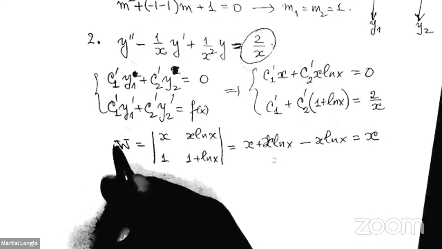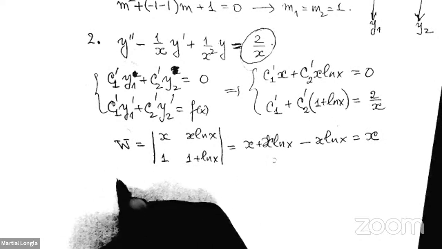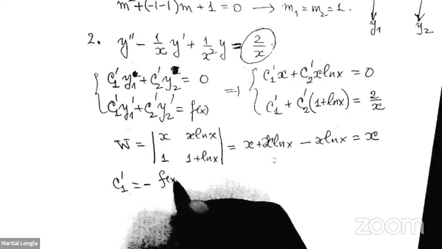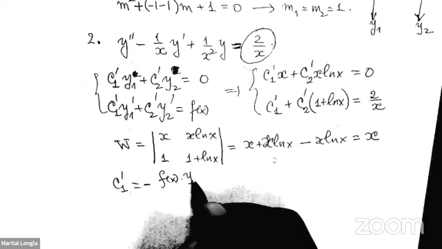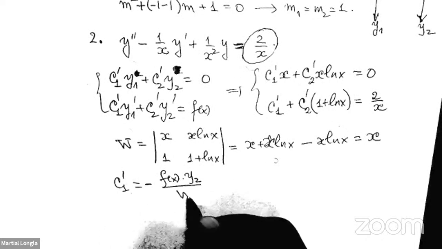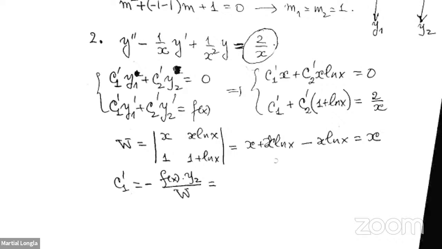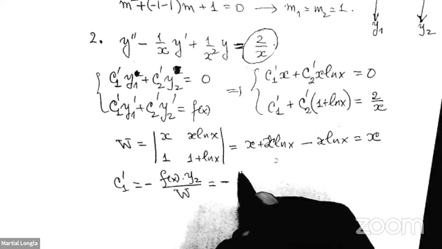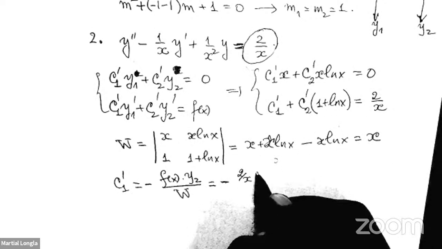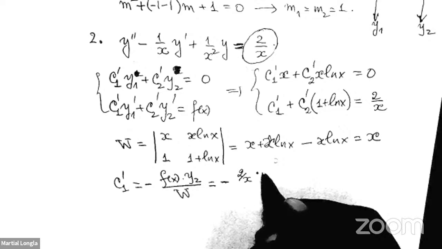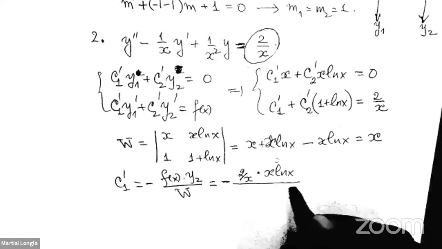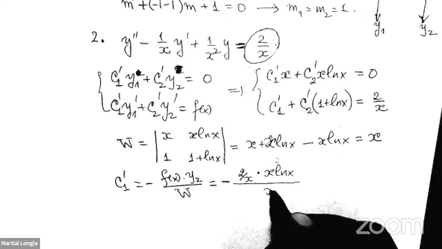Then you figure that C1 prime is negative f of x times y2 over W, and that's negative. f of x is 2 over x, y2 is x natural log of x, divided by W, which is x.